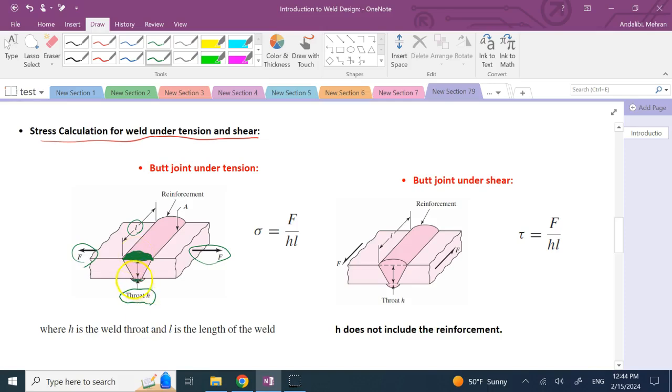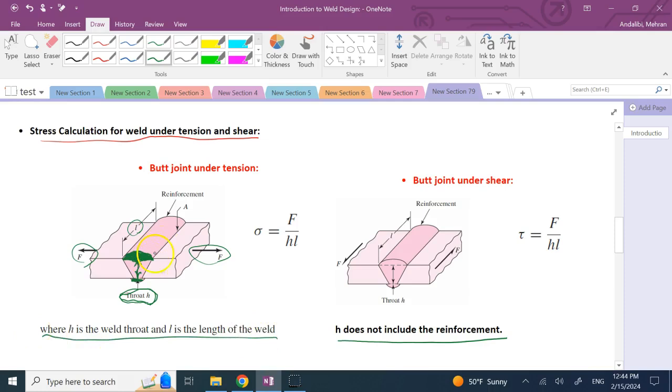Even this part you might call reinforcement too. So that we do not count toward H. H is only the thickness of this material and the thickness of the weld that we count. So H does not include reinforcements, okay? And H and L, we call them the throat and the length of the weld.